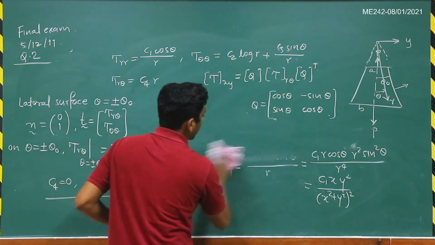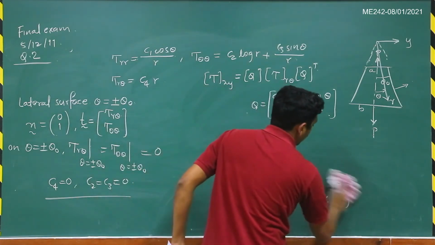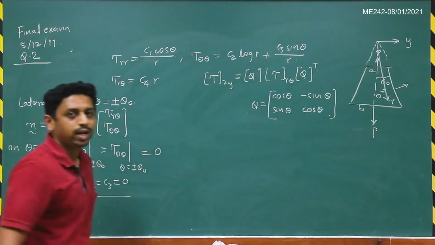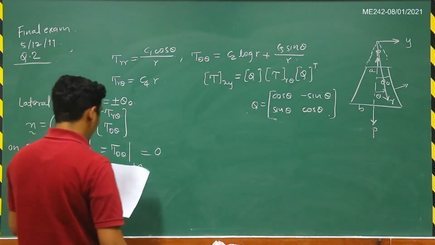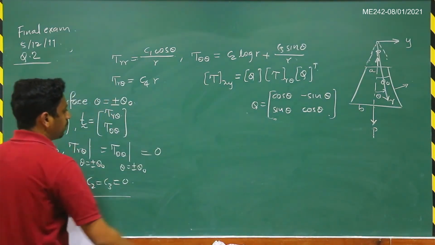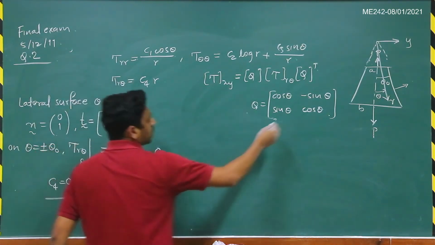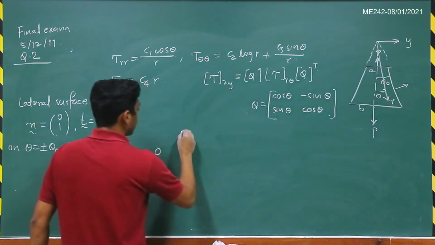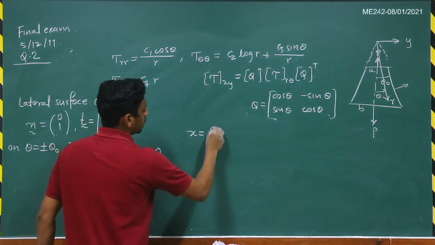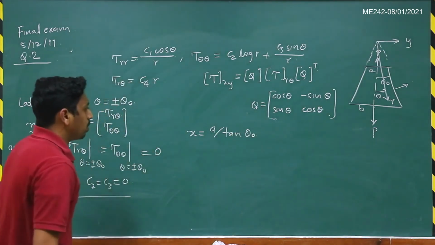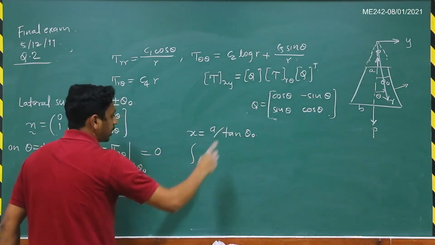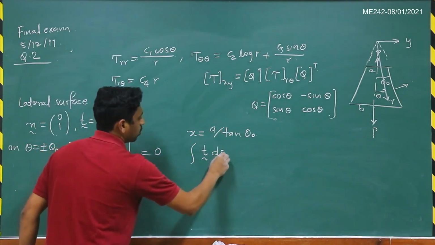So once we have got these expressions for tau xx, tau yy and tau xy in terms of x and y, now we can use the condition on the net axial force acting on the flat surface. The flat surface is actually x equal to a over tan theta. So we know the net axial force acting is the integral of the traction over ds.